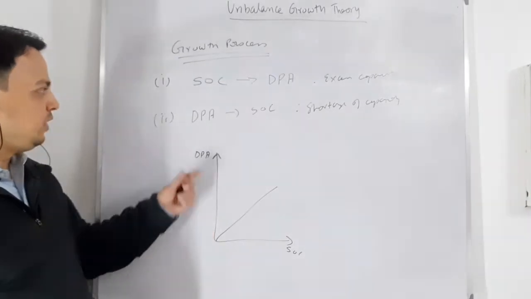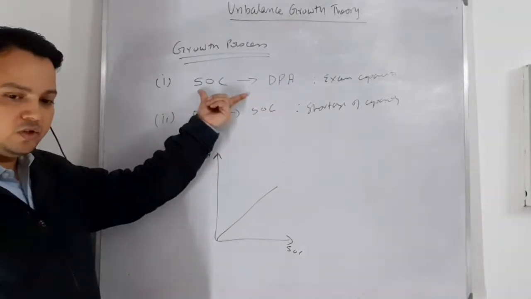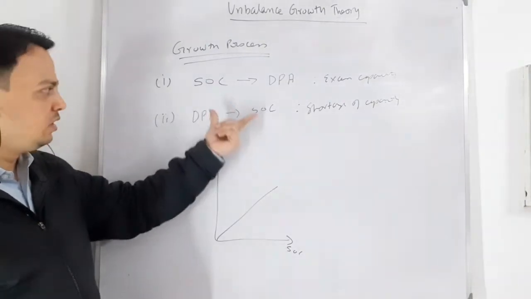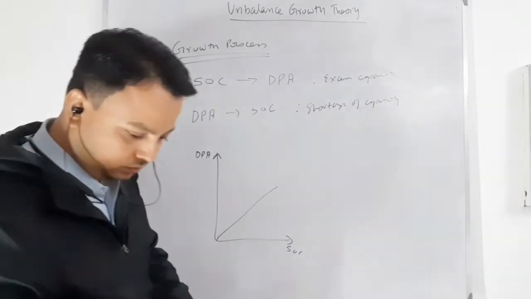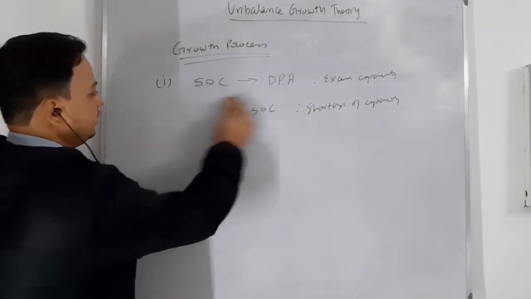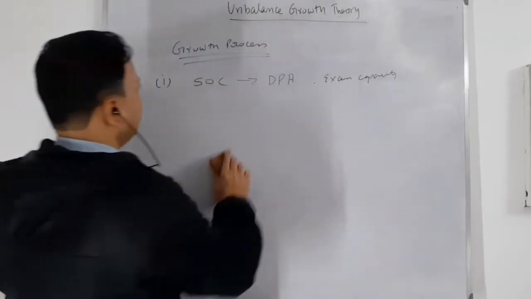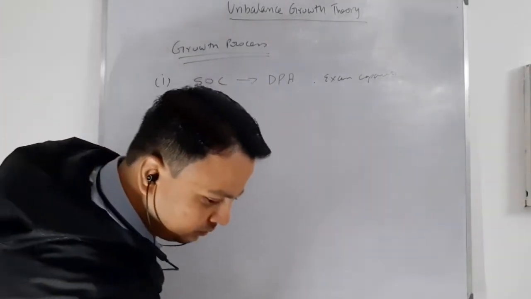So we have to choose a sequence, either through excess capacity we want to develop by unbalancing the economy, or by unbalancing through shortage of capacity. So let me look at the sequence. Growth process through excess capacity. First case I am looking at this one.